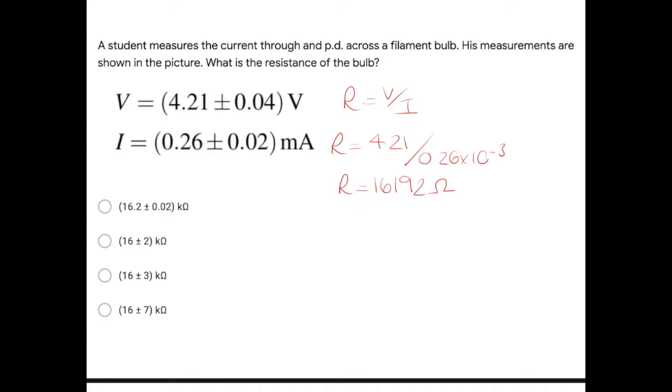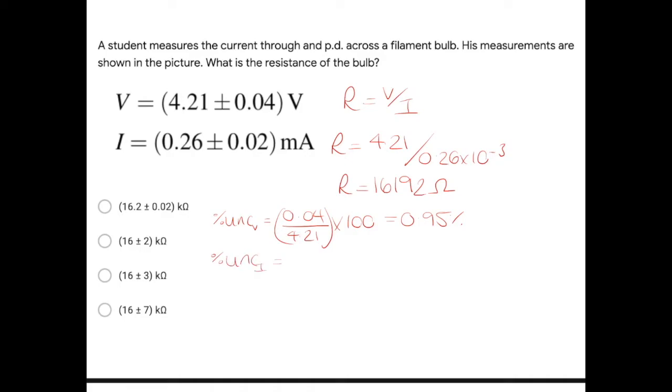Our first step when combining uncertainties is to calculate the percentage uncertainty in each of the individual quantities. Firstly the percentage uncertainty in V, which is our absolute divided by our value multiplied by 100, gives us 0.95% for our PD.